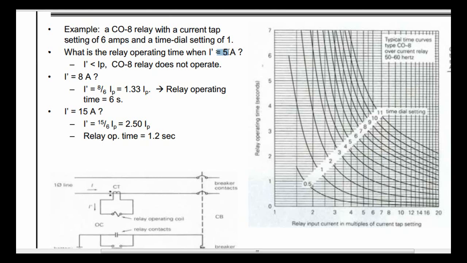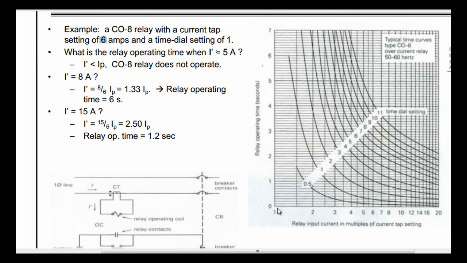Actually, if we divide 5 by 6, so we divide I dash by the current tap setting, which is 6, I get something less than 1, and in this region, below 1, the relay will not operate.